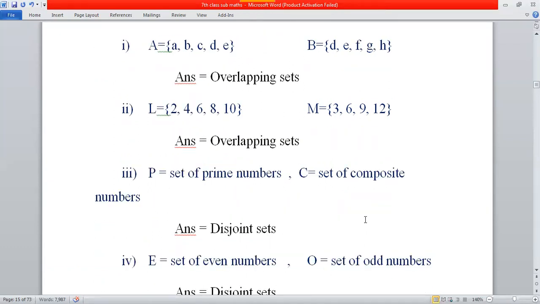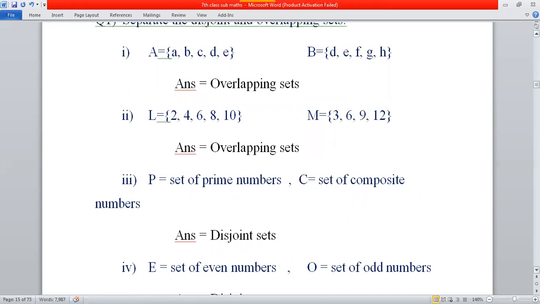Now come to the fourth part. Here you are given the set of even numbers and the set of odd numbers. Even numbers, you know, are divisible by 2: 2, 4, 6, 8, 10, 12, 14, 16, and so on.